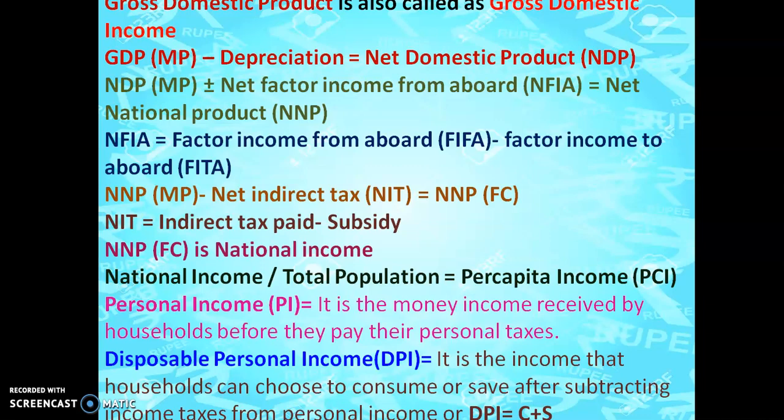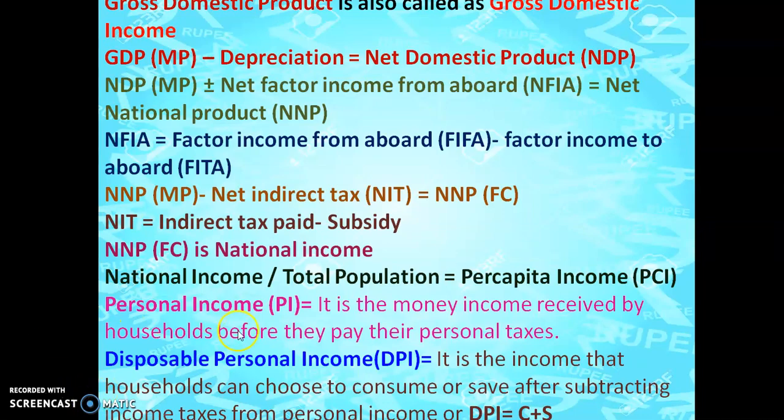So the gross salaries, or the interest whatever they receive, the overall amount they are going to receive is the personal income. What is disposable personal income? From that personal income, if you deduct the taxes, whatever is left over, we call that the disposable personal income.